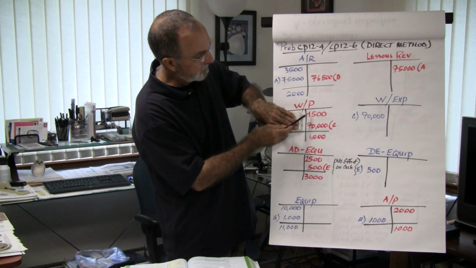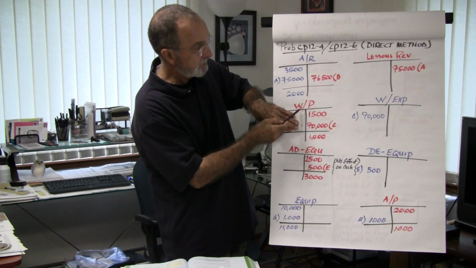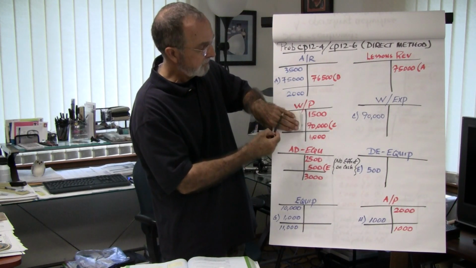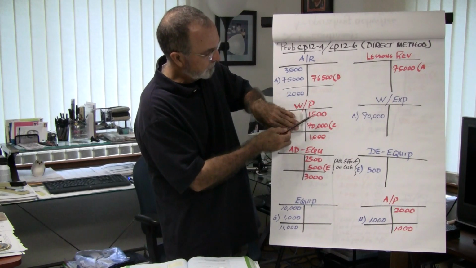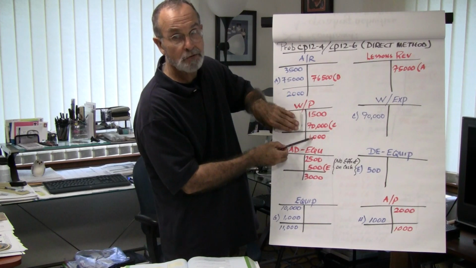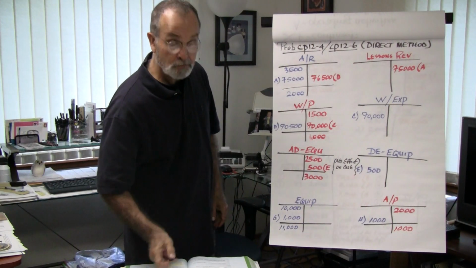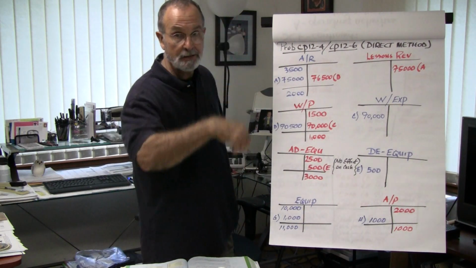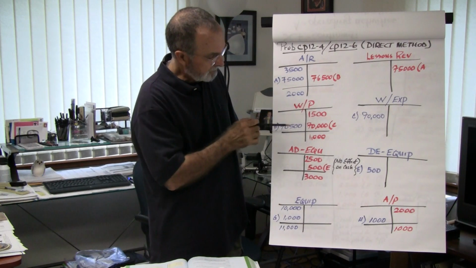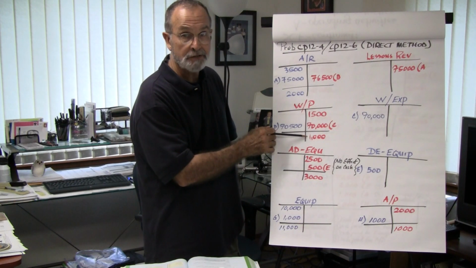We take the beginning balance and we add the $70,000. This is a credit account, so our pluses are on the right side of the account and our minuses are on the left side. We add the 70, and then we subtract our ending balance to get the amount subtracted. And again, we can check that by simply adding up the account from top to bottom: 1,500 plus 70,000 minus 70,500 leaves us a balance of $1,000.